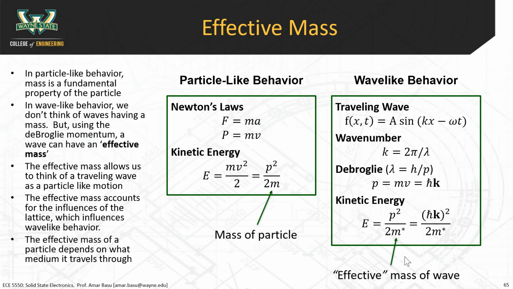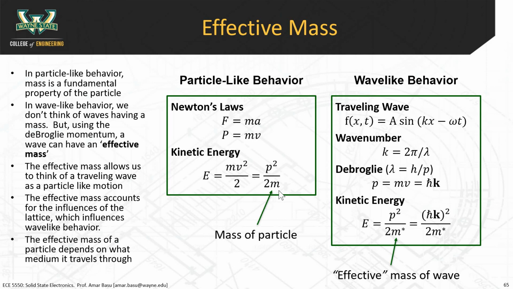So electrons behave as a particle and they behave as a wave. In the particle-like behavior, the mass is a fundamental property of the particle. Newton's laws from your physics, F equals ma, p equals mv. This p should be a lowercase p, by the way. Lowercase p stands for momentum. And the kinetic energy of a particle is mv squared over 2. So the mass appears everywhere.